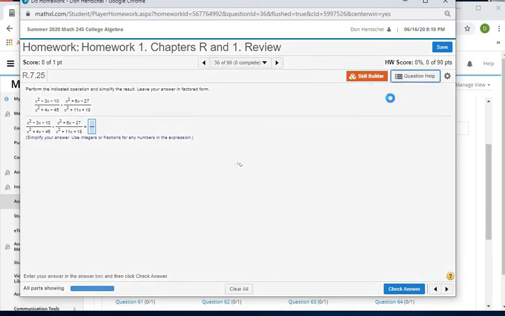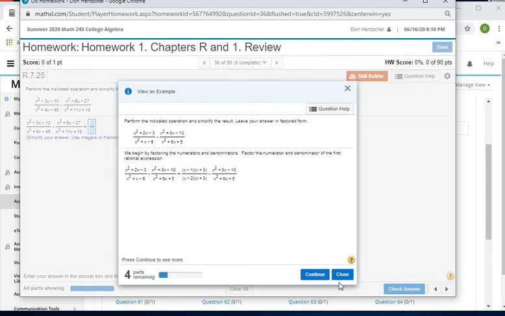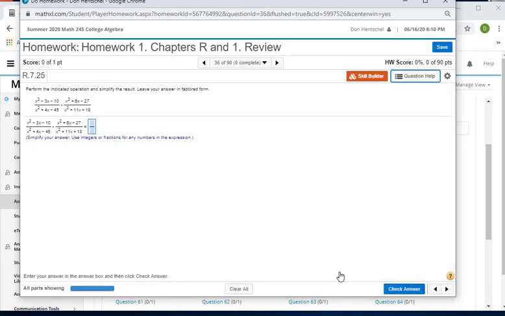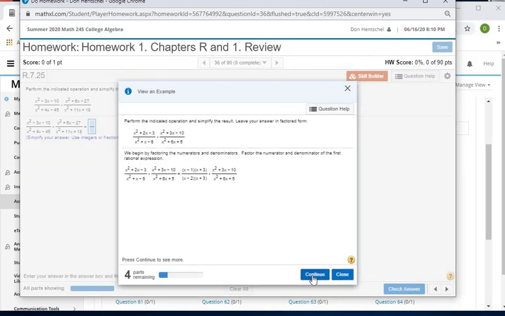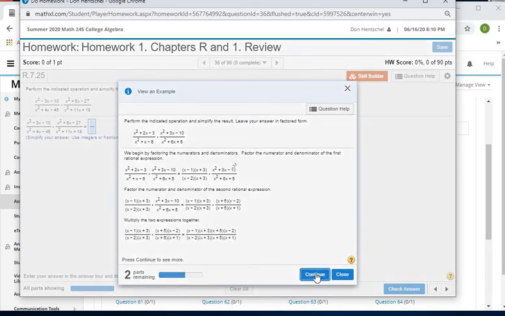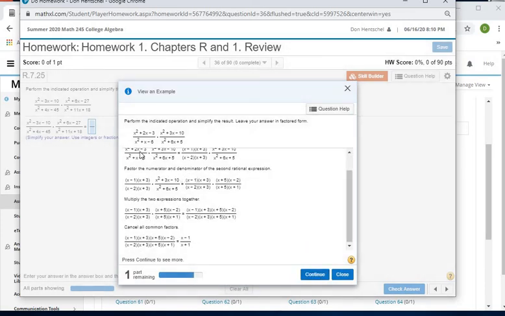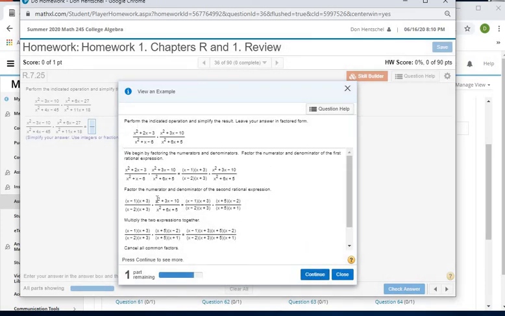I'll go ahead and view the example and just really quickly go through what they're asking you to do. I click close, not continue. So on this type of problem, it says that we should factor the numerator and denominator.